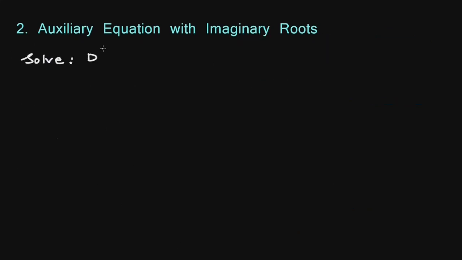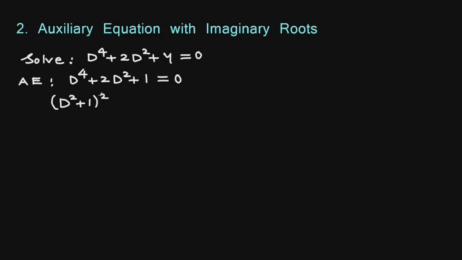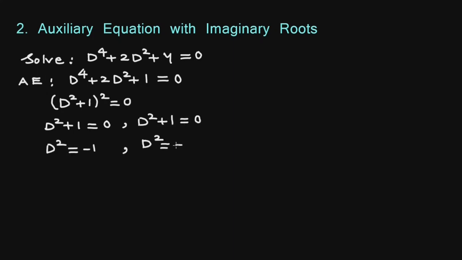Solve D raised to 4 plus 2D square plus 1, y equals 0. The auxiliary equation is D raised to 4 plus 2D square plus 1 equals 0, which is (D square plus 1) whole square equals 0. D square plus 1 equals 0. D square equals minus 1. D equals plus minus i.